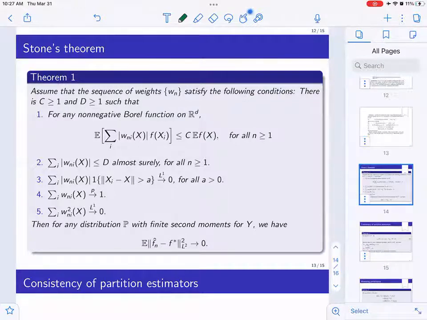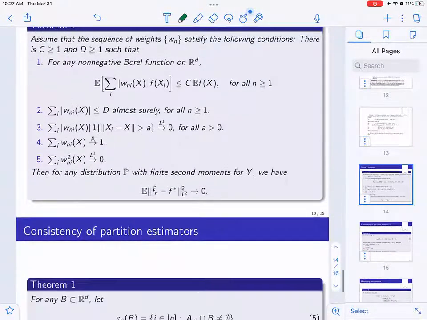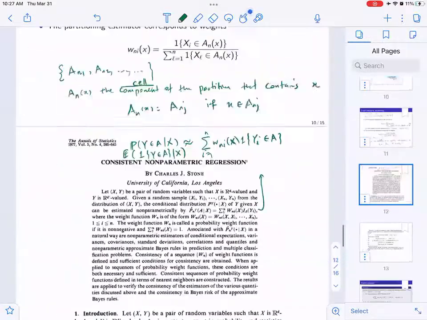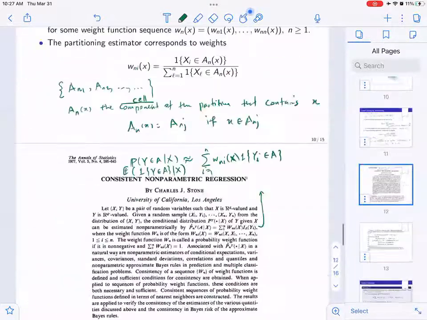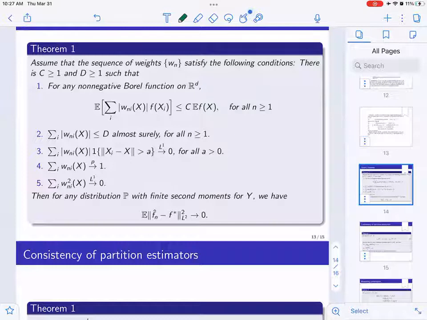So F hat N is this averaging estimator, and F star is just the conditional expectation, or the regression function.